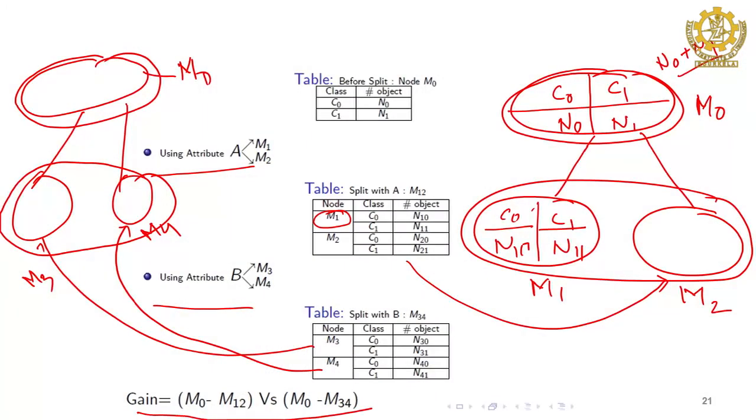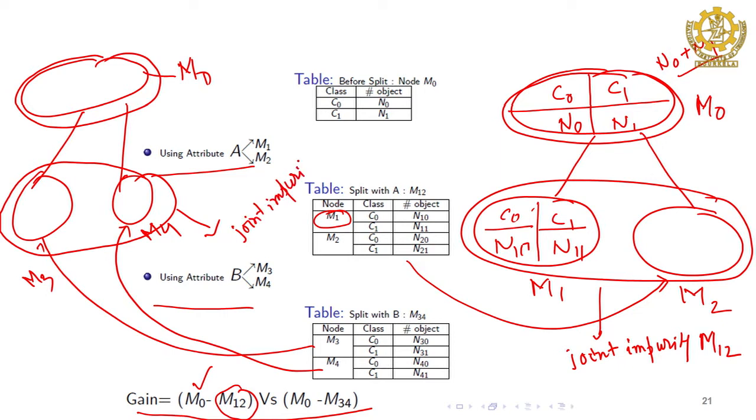Therefore, we compute the gain. Obviously M0 will be much higher than M12, the joint Gini or impurity after the first split, and likewise M34 for the second split. Since M0 is higher, we subtract M12 from M0, which gives the gain in impurity.